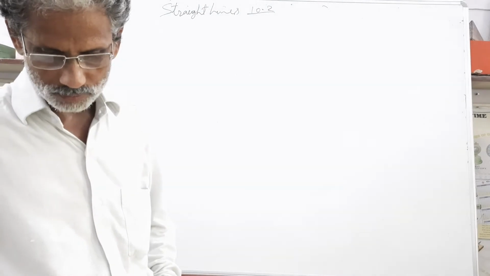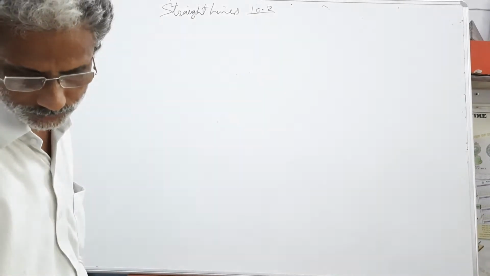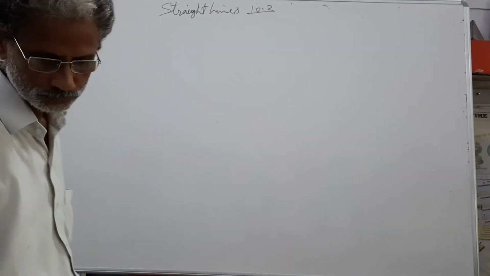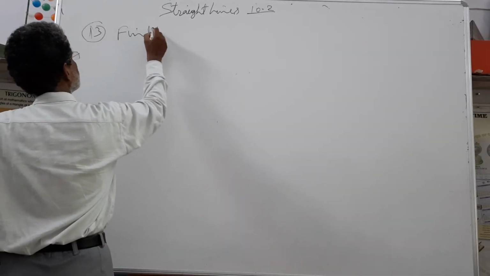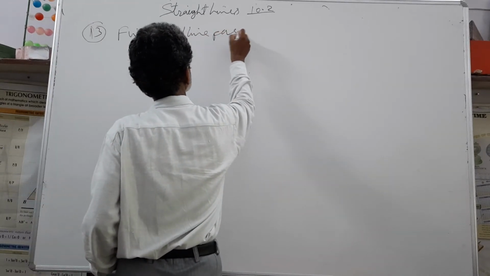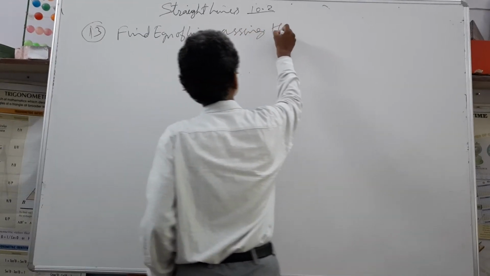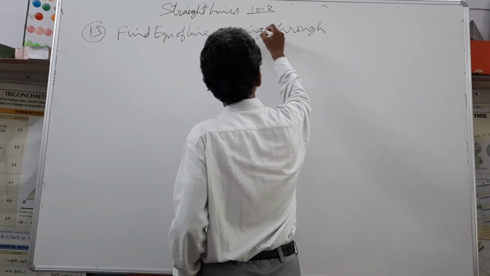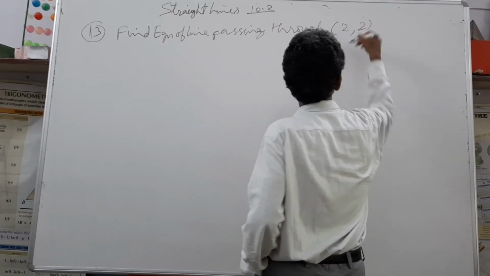Find the equation of line passing through the point 2, 2.